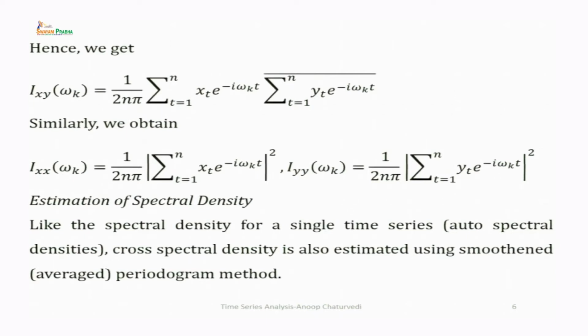So, finally, you obtain this expression for the coperiodogram I x y omega_k equal to 1 upon 2 n pi summation t equal to 1 to n x_t e to the power minus i omega_k t, summation over t y_t e to the power minus i omega_k t, and then you have complex conjugate of this.